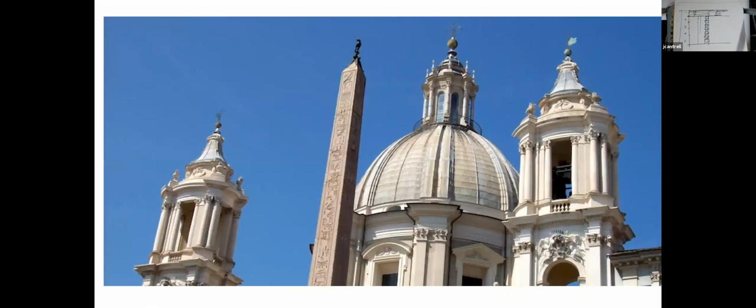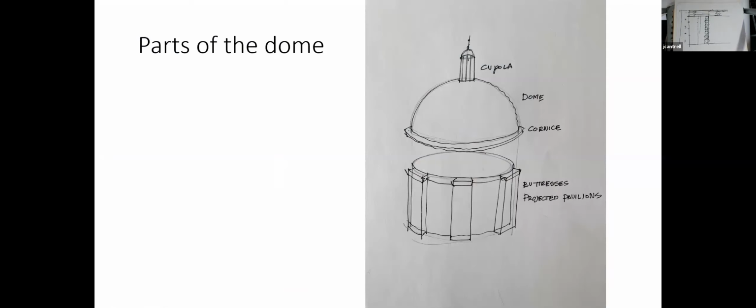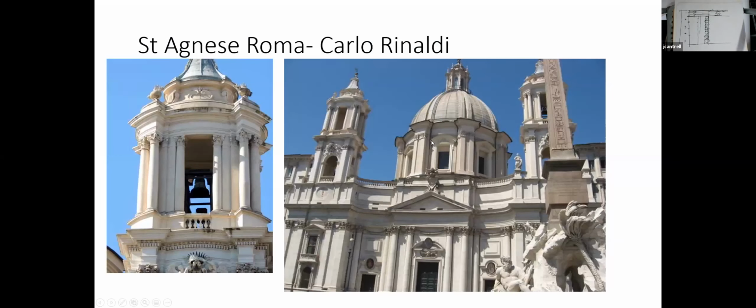And what I mean is that, let's take a look at the language of the parts of the dome. The spherical dome sits, of course, on what's called a drum. We've seen earlier in a few slides, of course, we're incorporating buttresses on the facade for structural reasons, of course, for decorative reasons. So Carlo Rinaldi is using, and Borromini is using, the Corinthian order because this is a very enormous scale of a building.